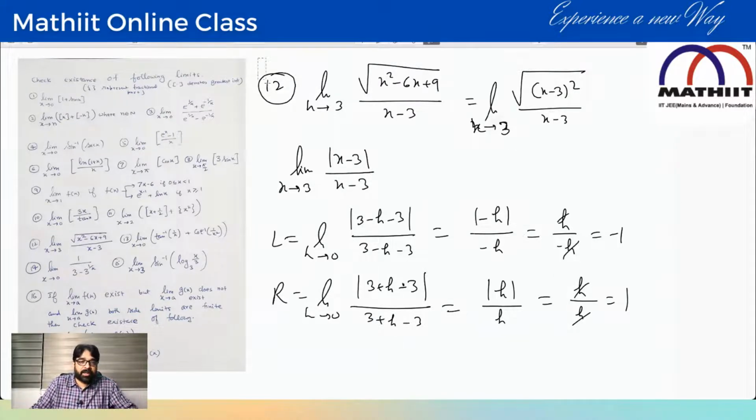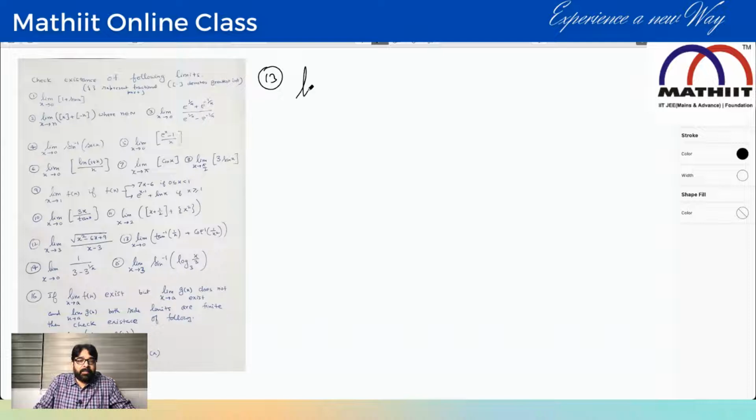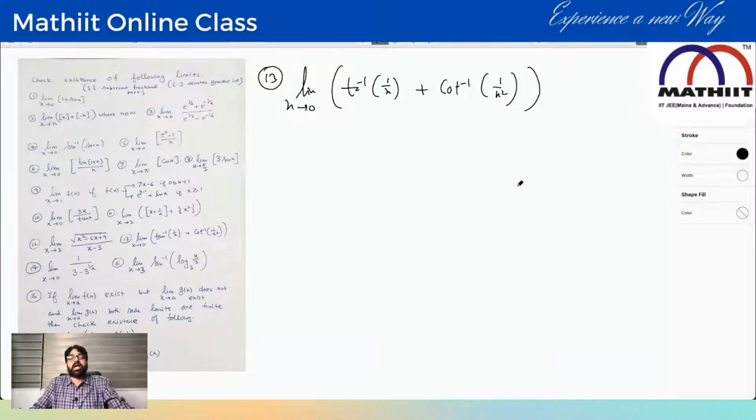Next, question number 13. Limit x approaches 0, tan inverse 1 by x plus cot inverse 1 by x square. Before I start this question, you should know two graphs.